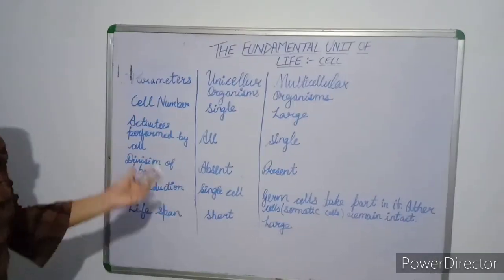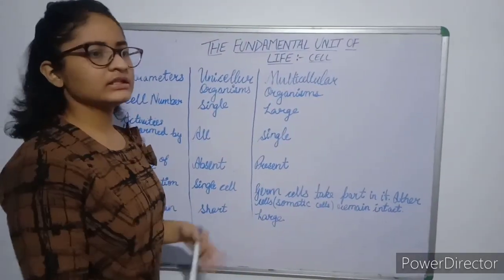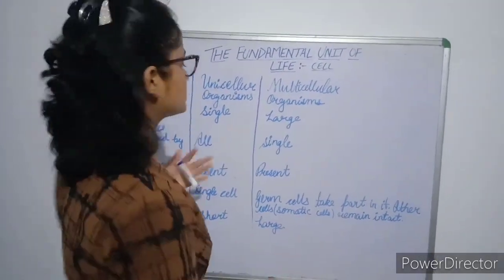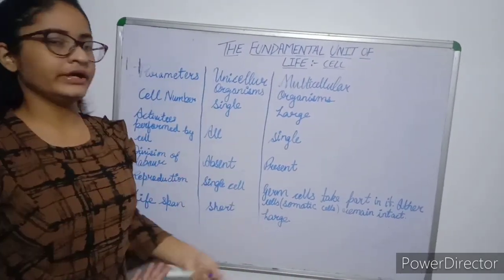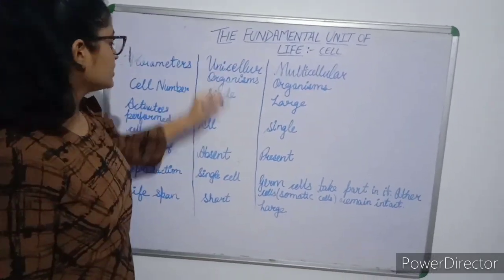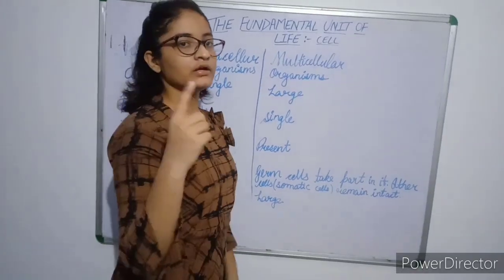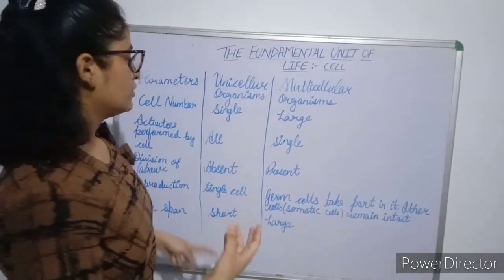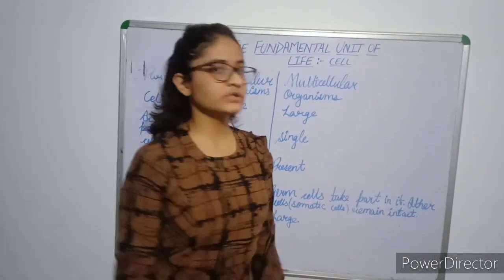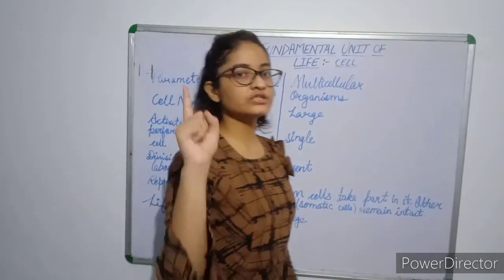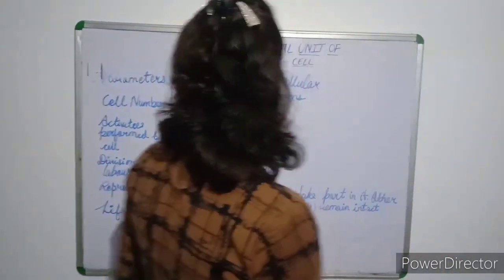The activities performed by the cell: a unicellular organism performs all the activities, and in a multicellular organism there is one activity per cell.